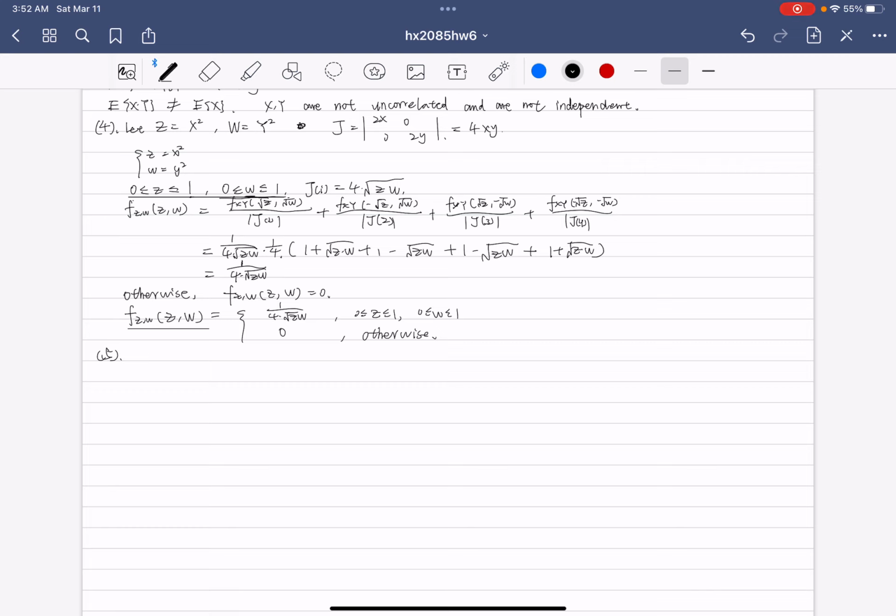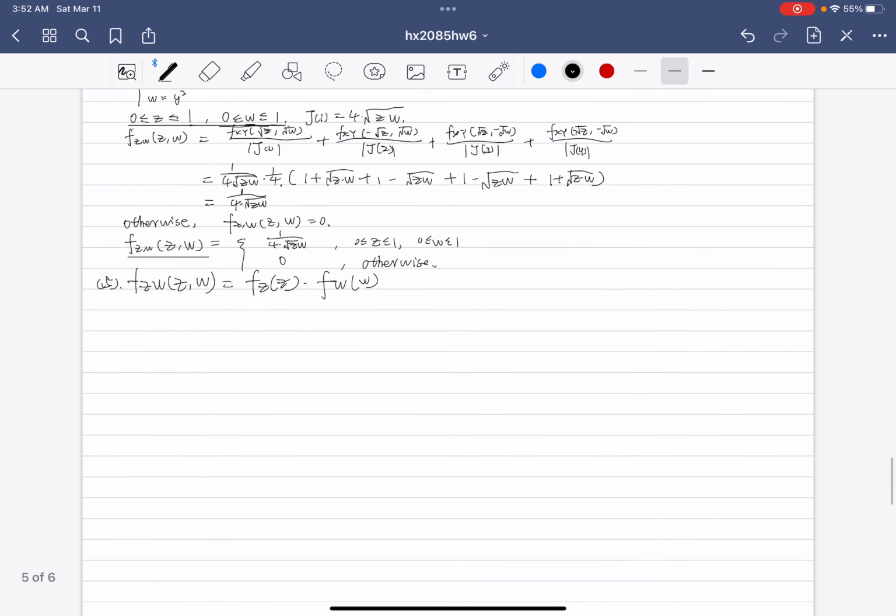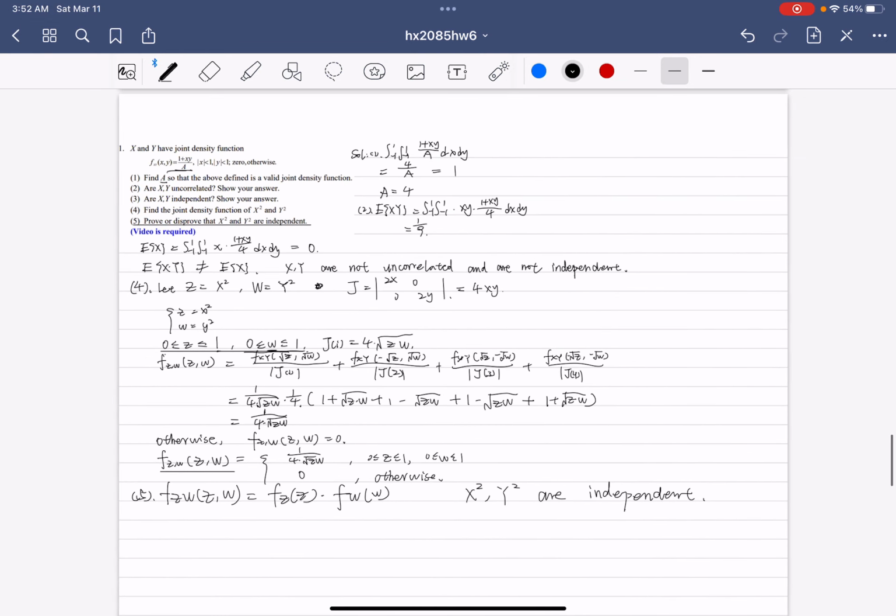We can easily get the density functions of z and w. The joint density function equals the density function of z times the density function of w, so x squared and y squared are independent.